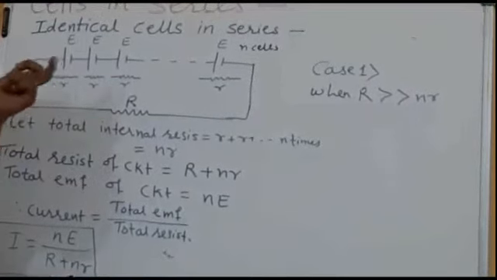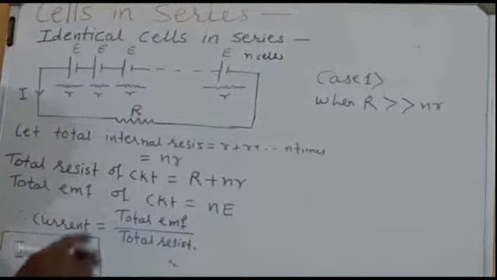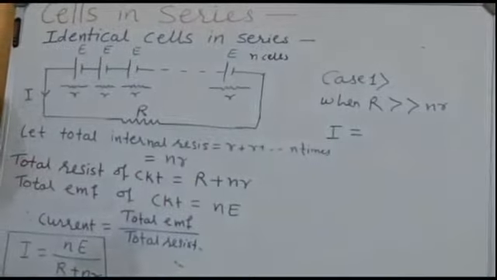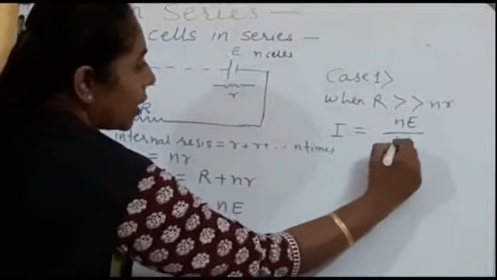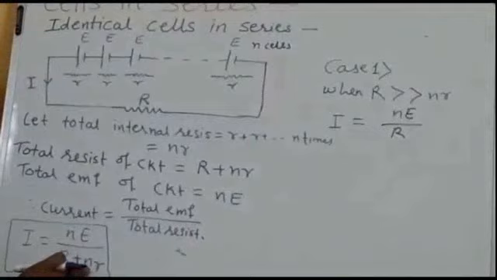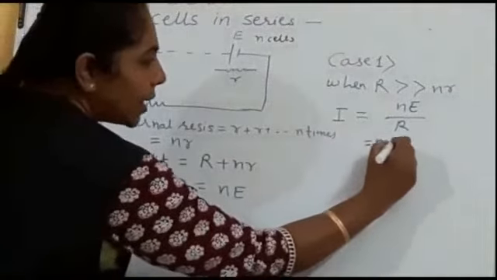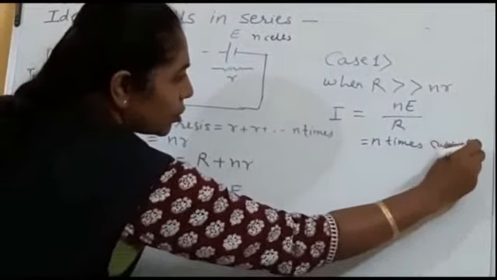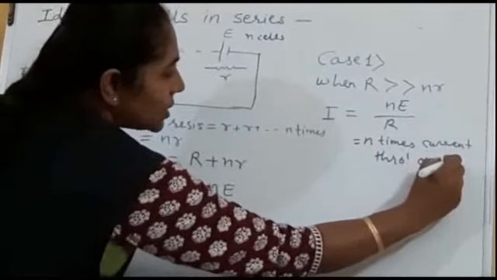When your cells are freshly prepared and when you connect them in series, let us see what is the current. So current I is equal to, now you will omit nr. So you will get nE upon R because nr is very small. So you will get current is n times current through one single cell.